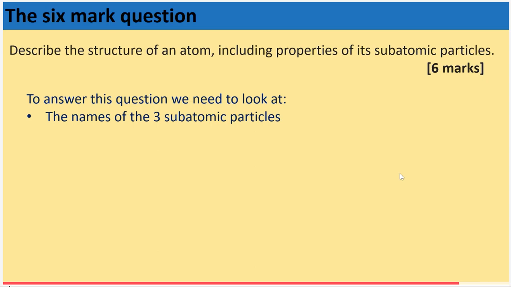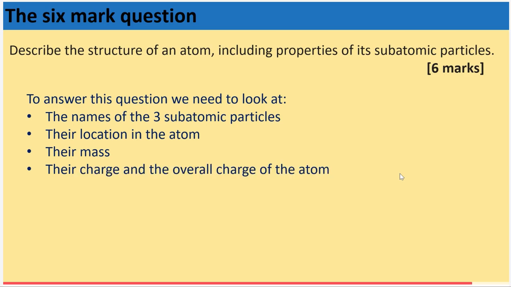It's really important that you name those 3 subatomic particles. Their location. Where are they in the atom? Their mass. Remember, some have got a mass of 1. The third subatomic particle has got something a little bit different. How would you describe it? And then finally, their charges. What are the charges on those 3 subatomic particles? And what is the overall charge of the atom?